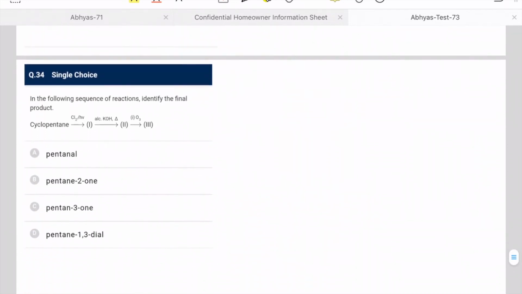We'll go to the next, 34th question. In the following sequence of reactions, identify the final product. This is a little difficult question actually. We can go through it like this. Normally cyclopentane on chlorination, the reactions will go like this.